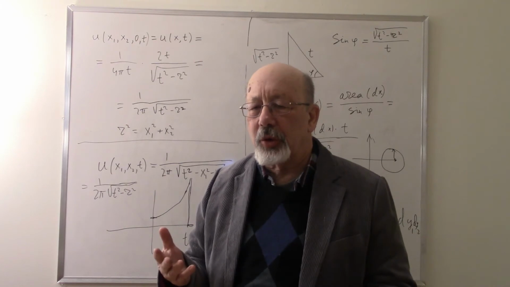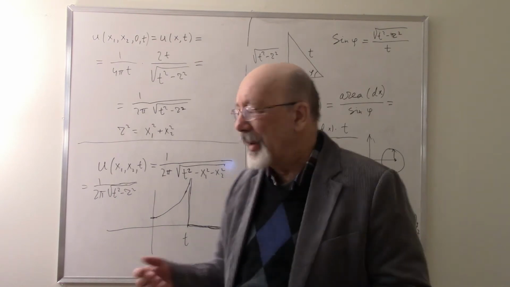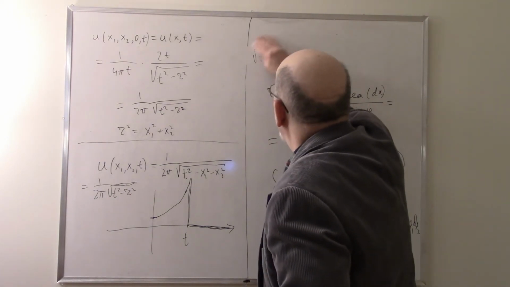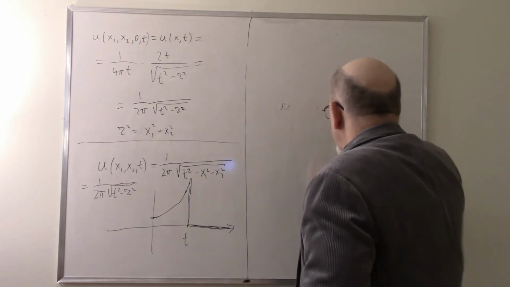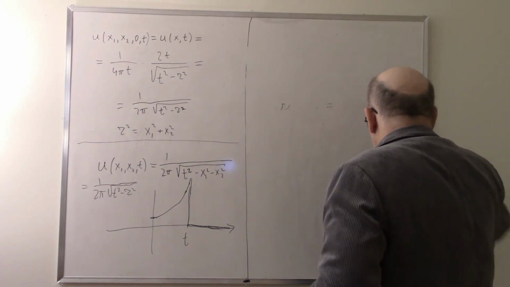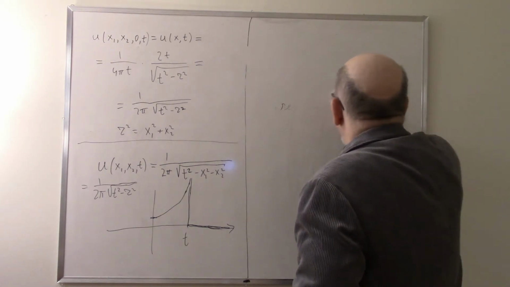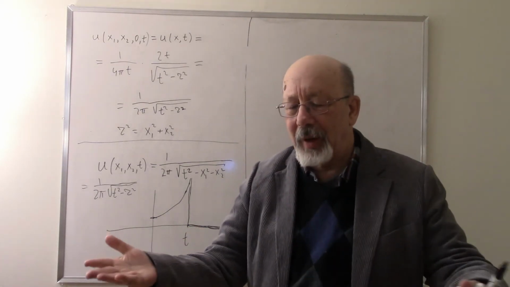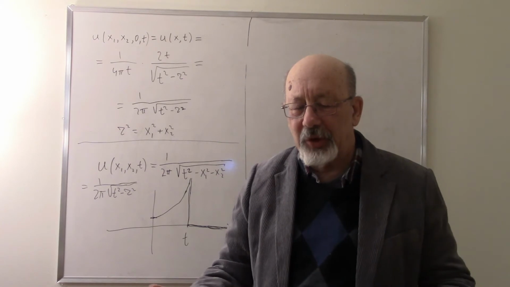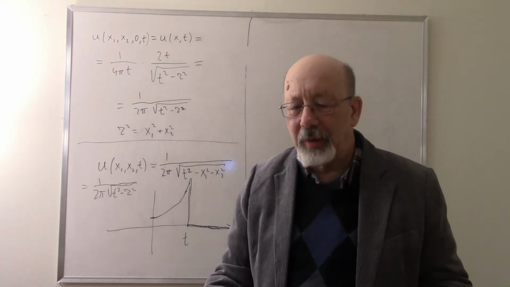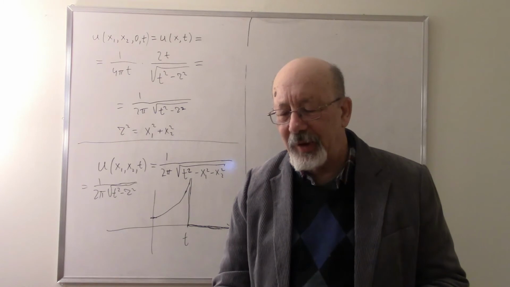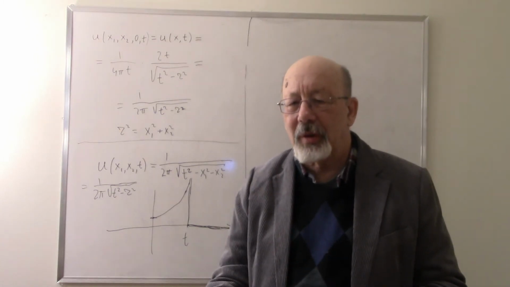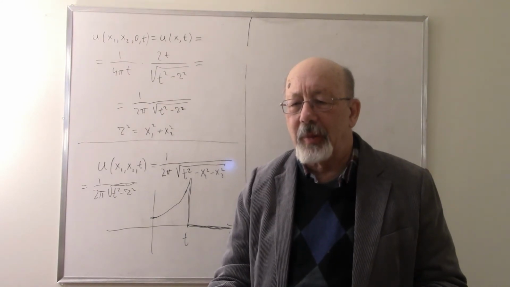What should we expect? How can we physically interpret this solution? It is interpreted as follows. We have a sort of membrane, a two-dimensional membrane, and at time 0 we gave a kick at one point with unit impulse.